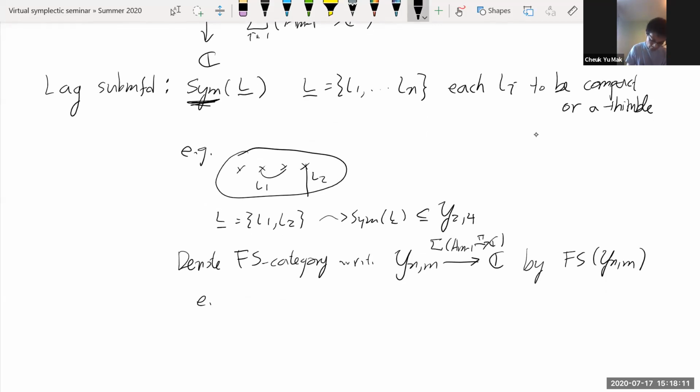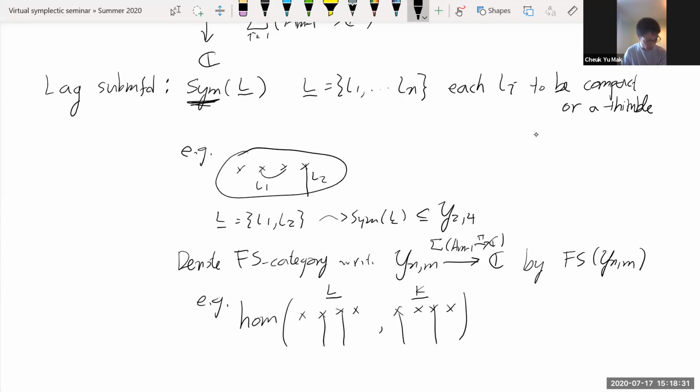And to illustrate the wrapping of this category, let me say, for example, if we consider this is my L, and this is my K, the Hom between these two is defined by wrapping the first one to the right.